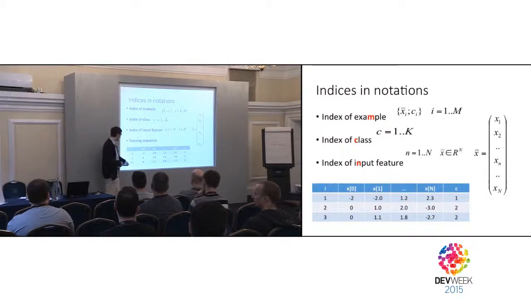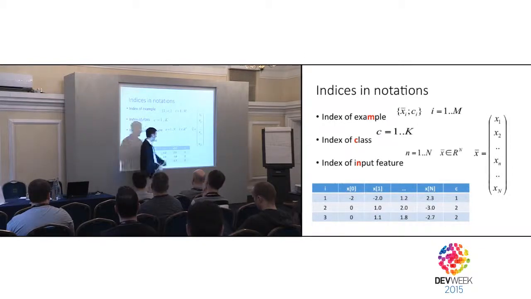So the first column is just a number of line. Yes, it's 1, 2, 3. The number of example. Then next columns are the columns that represent object characteristics that we submitted to the system during the training, whereas the last column C is the class label.